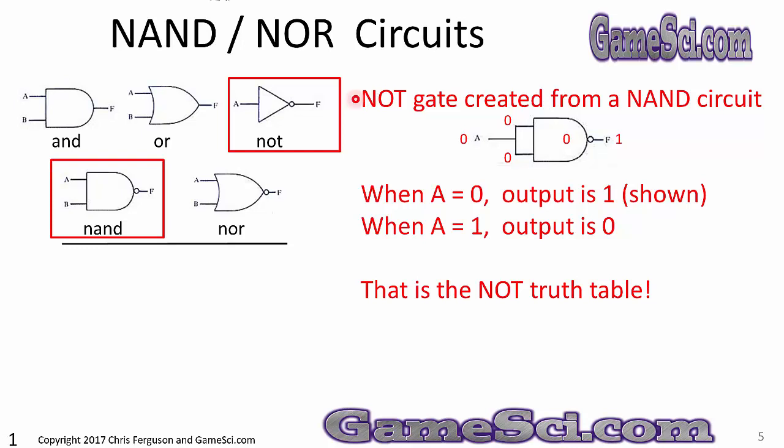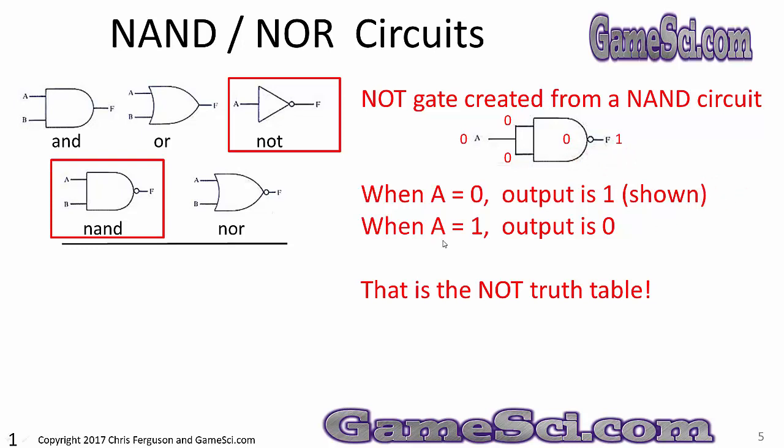Here is a NOT gate created from a NAND circuit. If I tie the inputs together, then the output of the NAND gate is basically a NOT gate. Think about it. When A is 0, both inputs would be 0. The AND would produce a 0. Then NOT AND would create a 1. That is the input I have shown on this circuit.